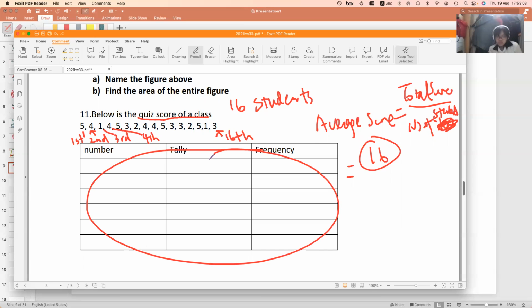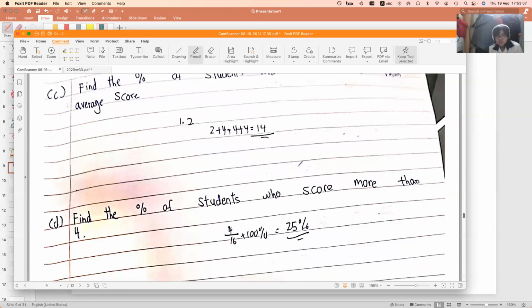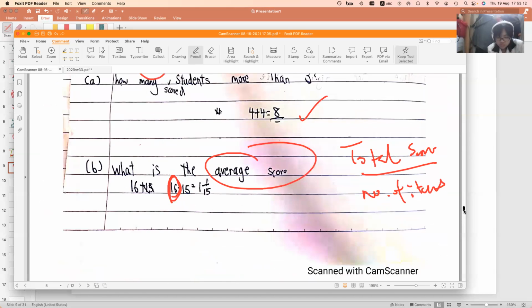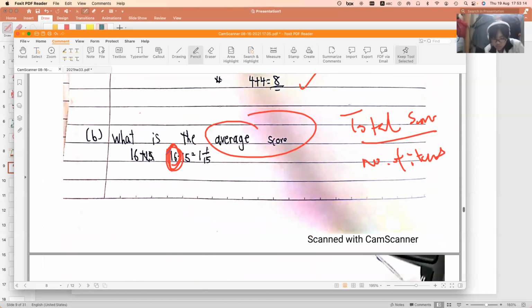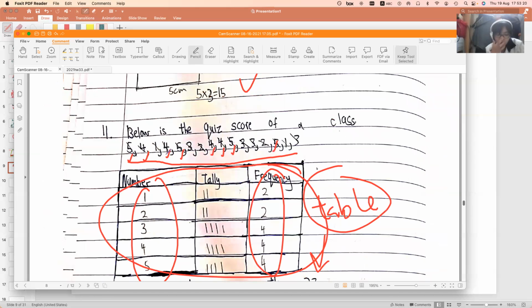No. I didn't get 16 from the table. Then how do you get 16? By counting. 4, 5, 5, 4, 1.